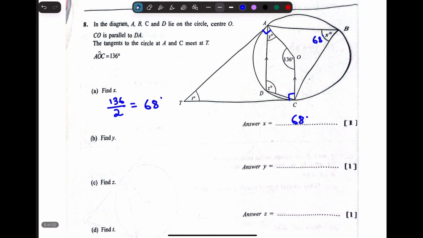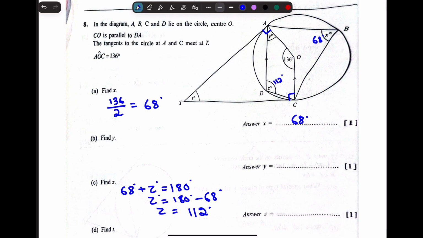So let's just figure out Z first. So 68 plus angle Z should be equal to 180 degrees. So Z is going to be 180 minus 68, which is 112. So this is going to be 112.